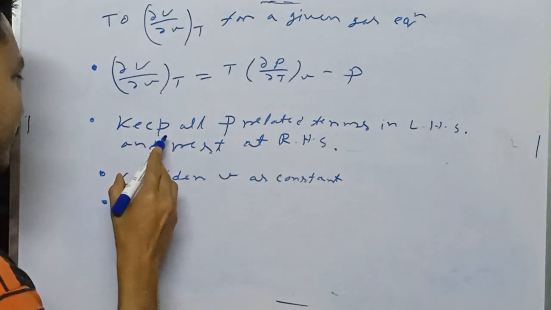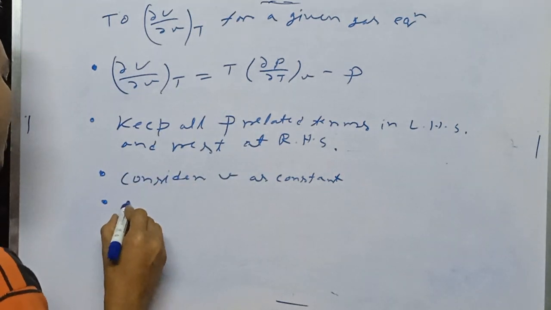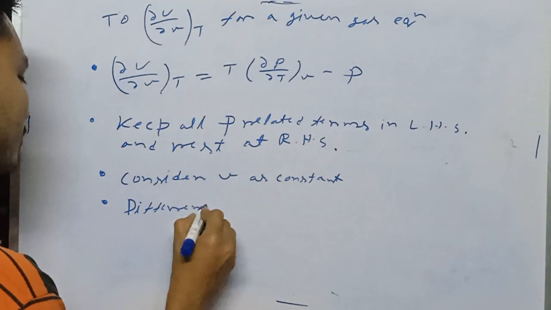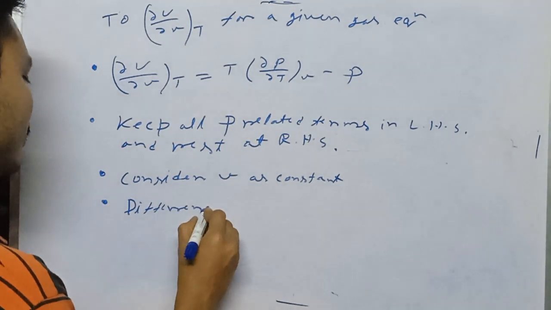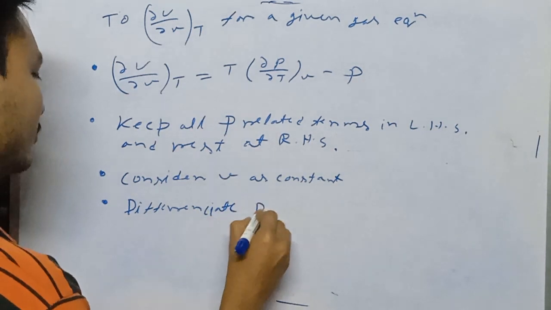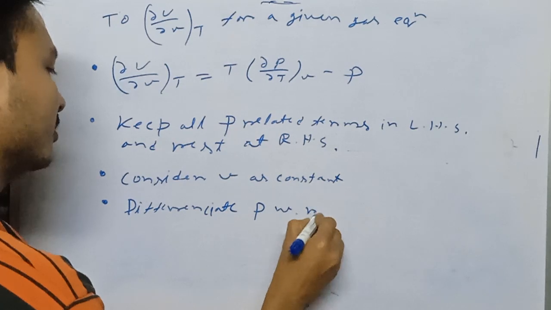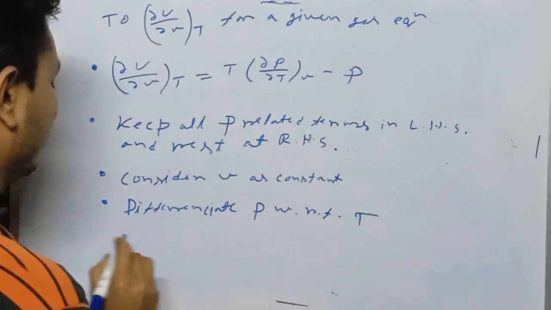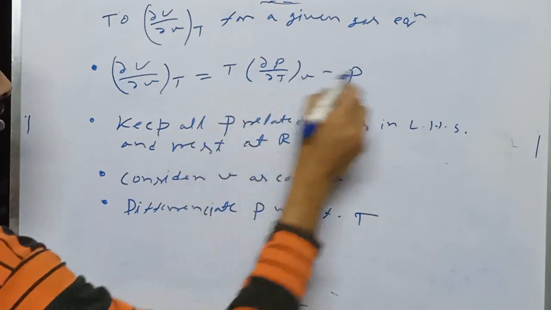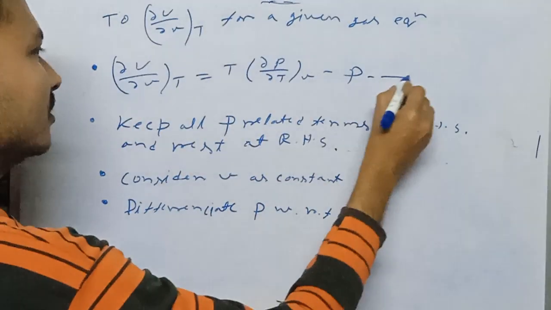Then differentiate pressure with respect to temperature. Then put the value of ∂P/∂T at constant V in this equation. Say this is equation 1.